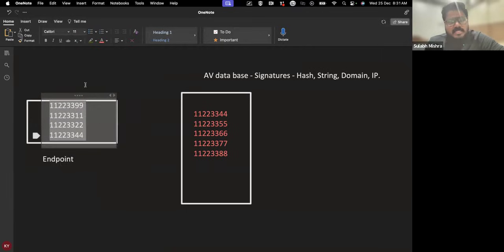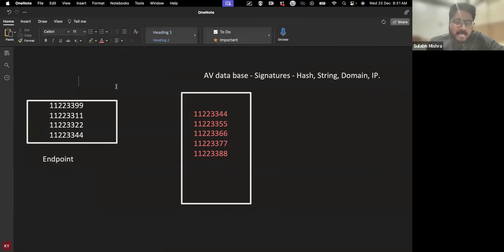These are the signatures that you have on your endpoint. Now you are trying to scan this file system, or this USB or hard drive, or this particular folder, with AV. What this AV does is look for the signatures to do a match in this file system. You're getting my point?